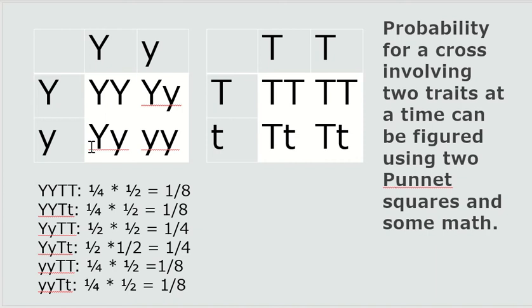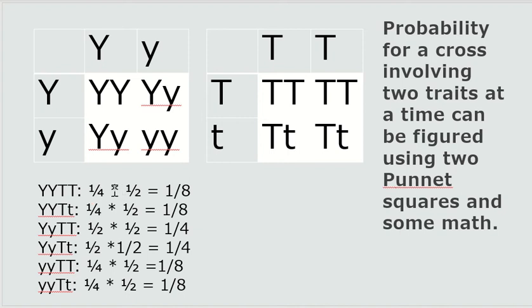So homozygous dominant seed pod color, looking at the cross, there is a 25% chance, or 1 out of 4, or 1/4 chance that this cross would produce homozygous dominant for seed pod. And so we put 1/4 here.